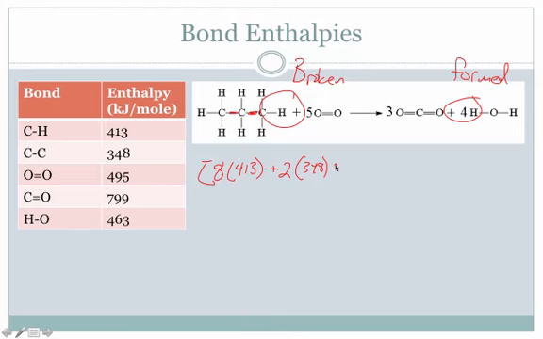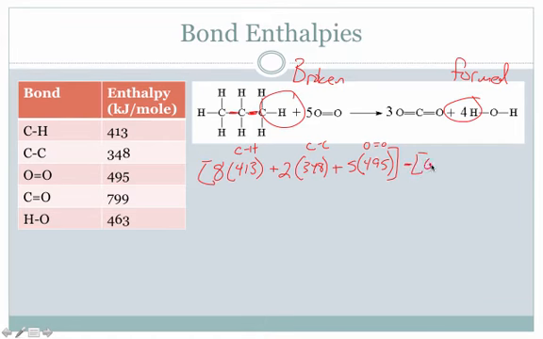And then finally, we'll add that to the oxygen-oxygen double bonds. We have 5 of those, and that gives us an energy of 495 kilojoules each. This is our total bonds broken, and if you recall, these were the carbon to hydrogen here, these were the carbon to carbon here, and these were the oxygen to oxygen double bond here. From this information, we're going to subtract out the energy of bonds formed.